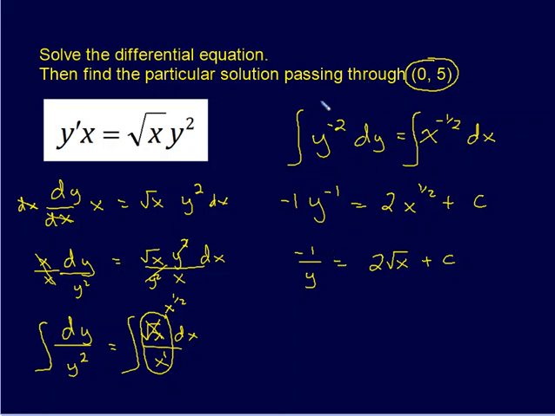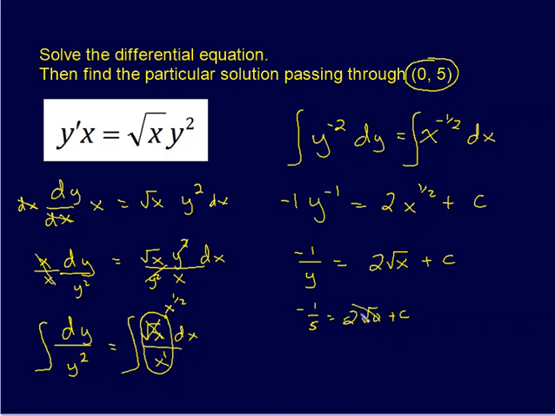Now, once you get to here, you can actually use your given condition to solve for the plus c at this stage, or you can wait until later. Let's try it right now in this one. So this says when x equals 0, the y has to be 5, right? So by plugging in 5 for y, it would be negative 1/5 equals 2 square root of 0 plus c.